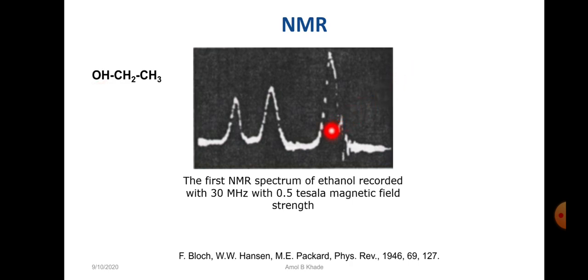This particular peak, the most intense peak, corresponds to the CH3 protons. Then the moderately intense peak corresponds to the CH2 protons, and the least intense peak corresponds to the OH proton. This NMR spectrum was recorded at 30 megahertz of radio frequency with roughly 0.5 Tesla of magnetic field.